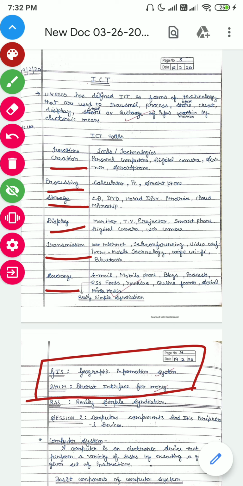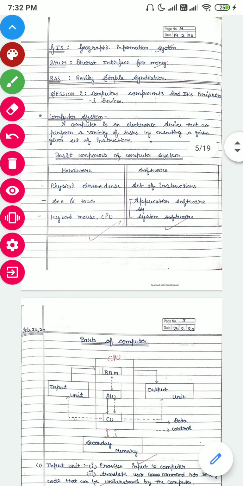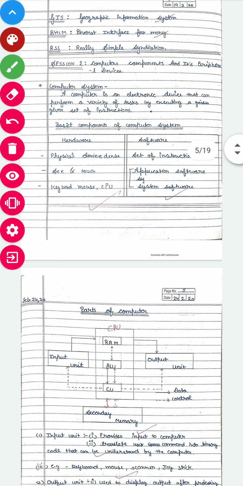BH stands for Bharat, I stands for interface, M stands for money. Is it clear? So the ICT part is done: where ICT is used, and that ICT is a form of technology used for transmission, creation, processing, storage, display and exchanging information. Now we will move to the second part, which is computer system.